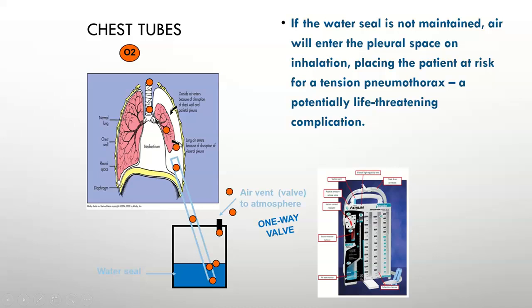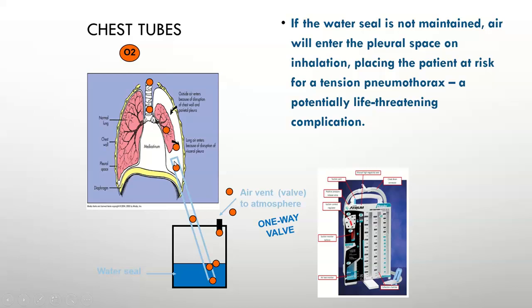That's got a leak, so air exits, and then that air is supposed to drain into the water seal, and then it will eventually make its way out in different manners depending on what kind of chest drainage device you have. So the big key is if you don't have water seal, that means air that's going to exit from the patient is going to re-enter into the lungs, and that can cause a pneumothorax.